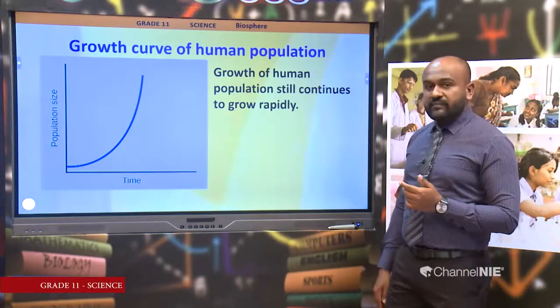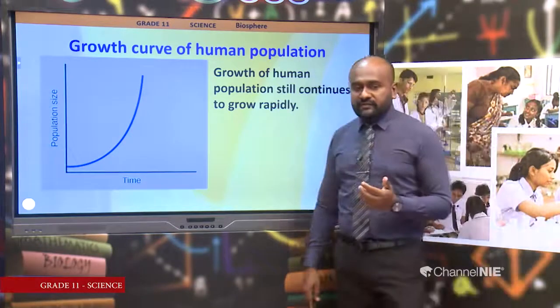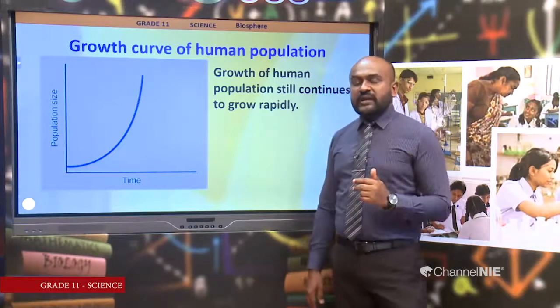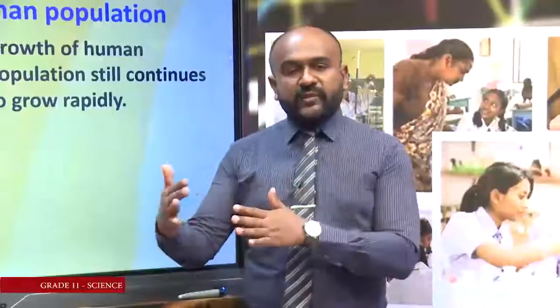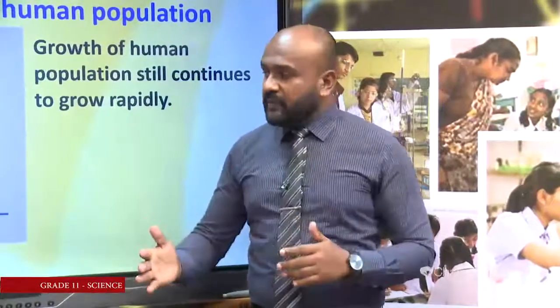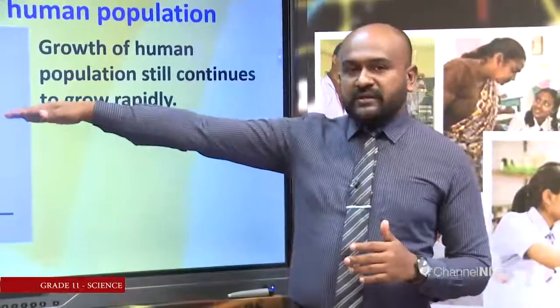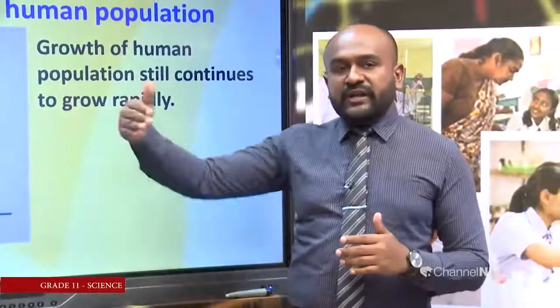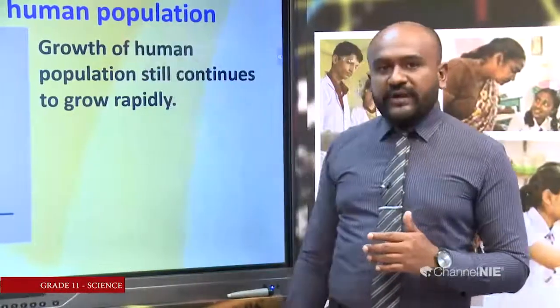So, why? I want you to think of the reasons why the human population keeps on increasing, while a natural population comes to an equilibrium with time. The human population has not come to an equilibrium, it keeps on increasing. Yeah. So, let us see the reasons.